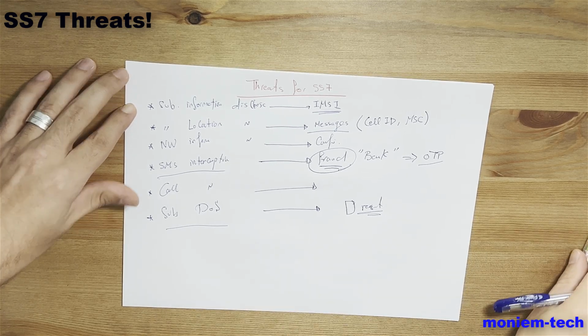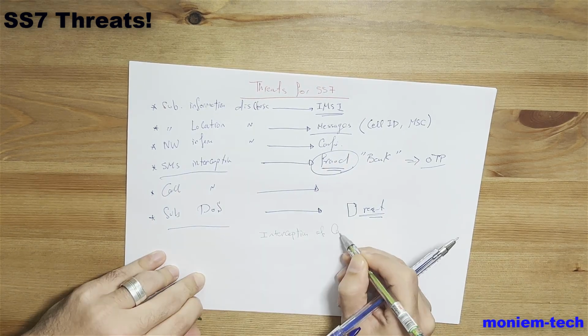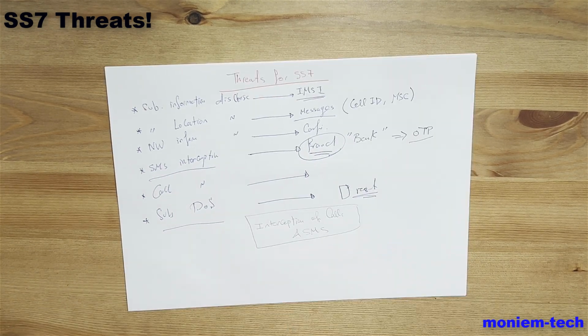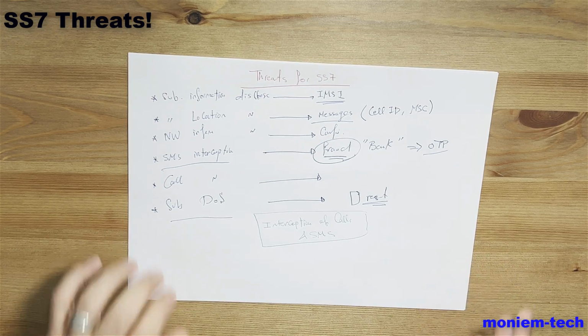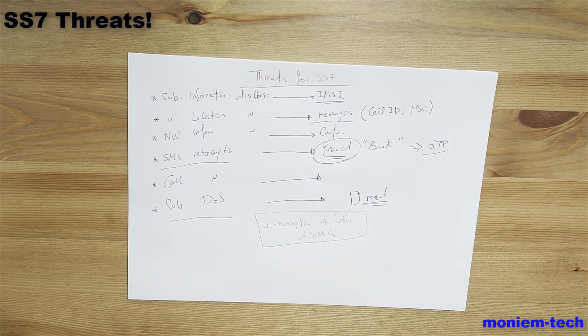Okay, so here we can take one of the examples: the interception of calls and SMS. Interception of a voice call is more complex than the interception of SMS in general, as it requires a series of steps. Due to this complexity, the number of successful interceptions is significantly lower than for SMS. SMS is something you can do; it's not hard like the voice.